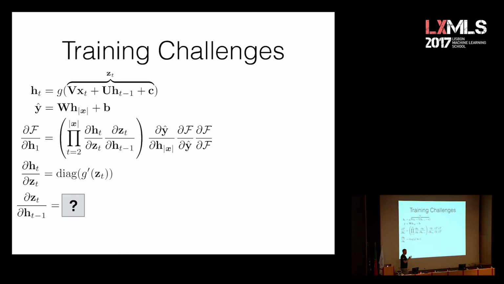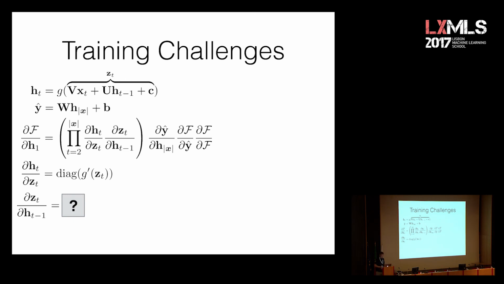The derivative of a vector with respect to a vector, that Jacobian, is of course going to be a matrix. But because we're assuming an element-wise nonlinearity, the derivative of one element with respect to any other is just going to be 0. So that's why it's a diagonal matrix.